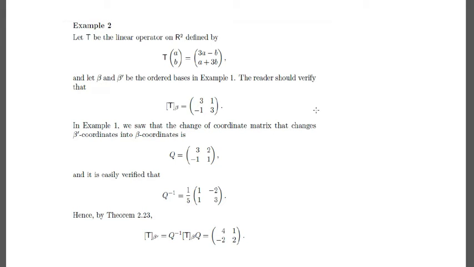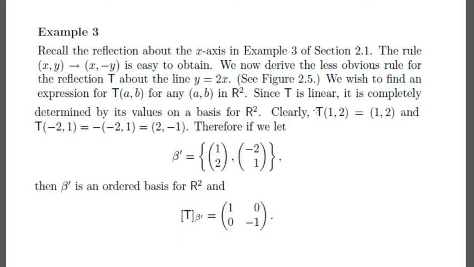Next example. Now we have to find the reflection mapping T about the line y equal to 2x. So basically we want to find T of (a,b) when you are taking reflection about y equal to 2x. In general, about the x-axis the reflection mapping was (x,y) goes to (x,-y). Now take these two points (1,2) and (-2,1).